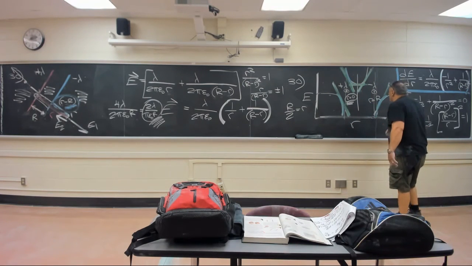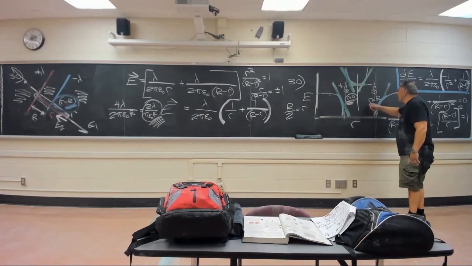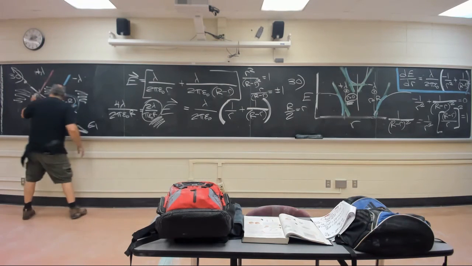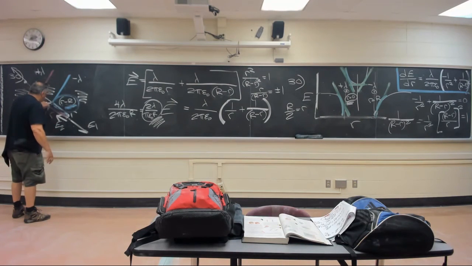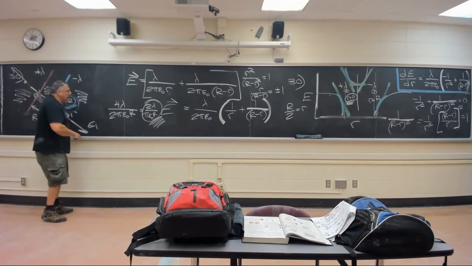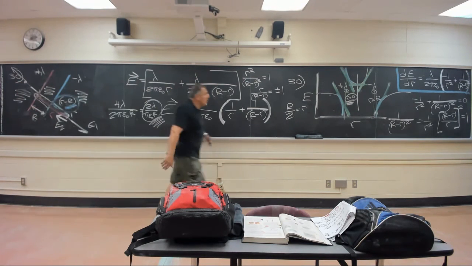Same thing over here. As you go toward r equals capital R, going from the left, get closer, closer, closer. Wow. This thing is pulling it toward itself. Yeah, these are positive. To the right is positive. That's going to be toward positive infinity also.